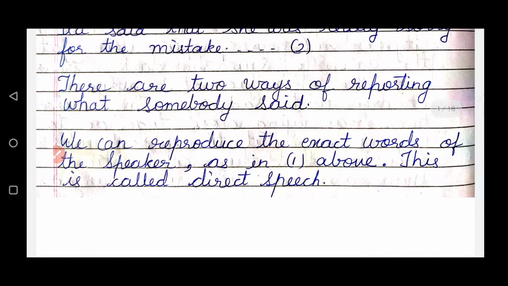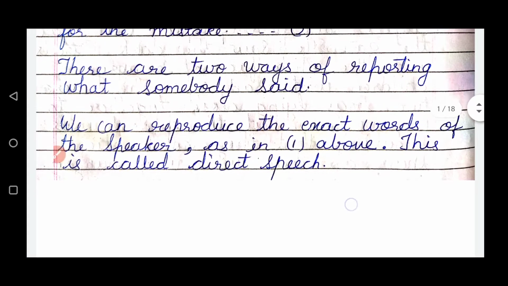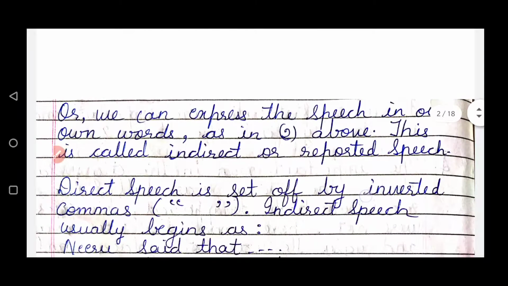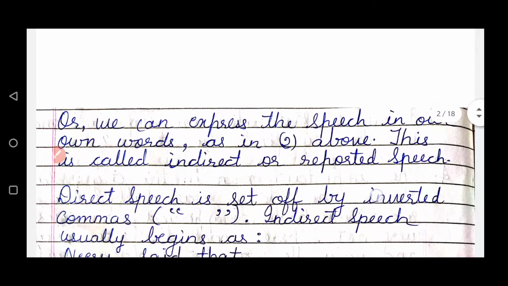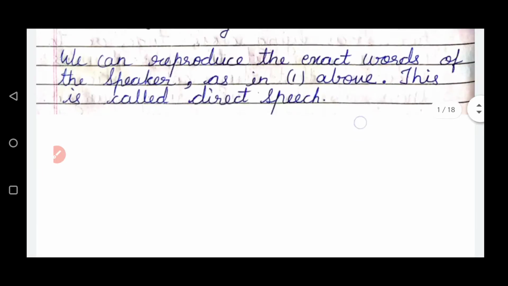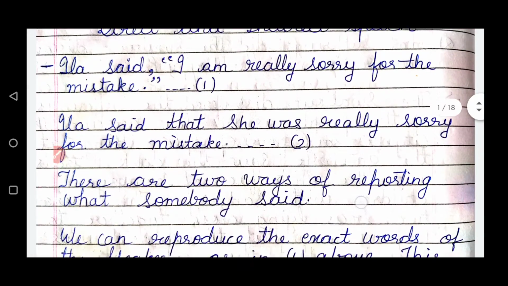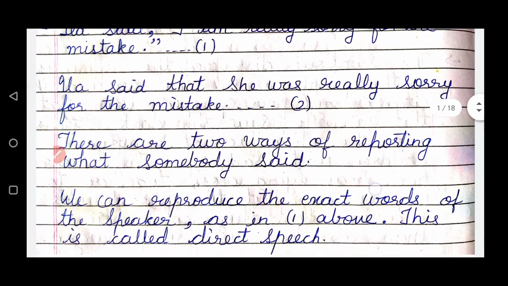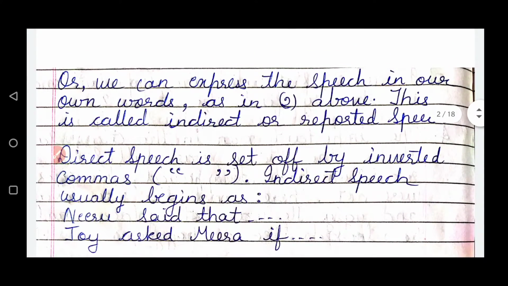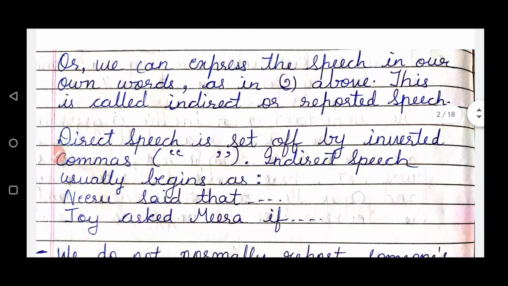This is called direct speech. Or we can express the speech in our own words as in the second sentence, Ela said that she was really sorry for the mistake. So these are the 2 ways we can report a speech. This is called indirect speech or reported speech.